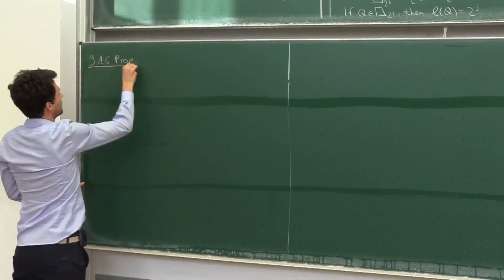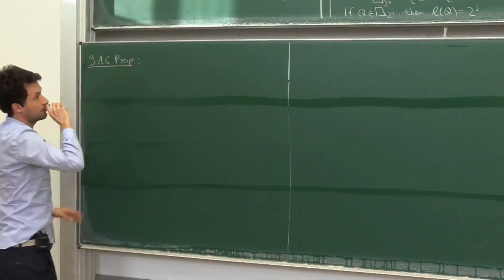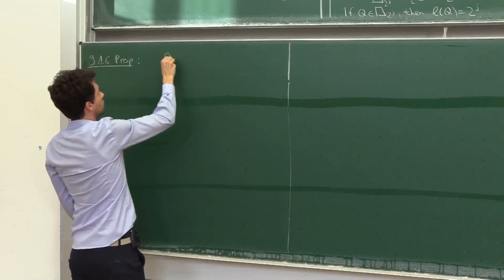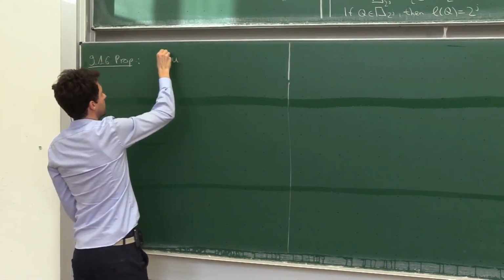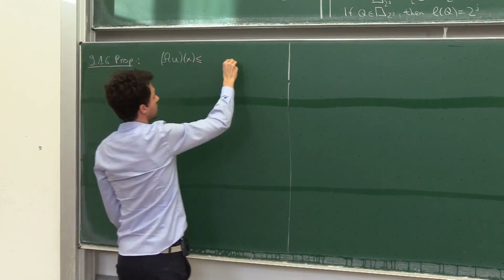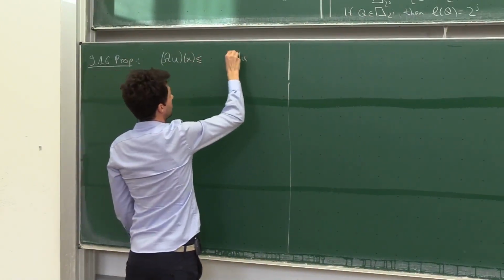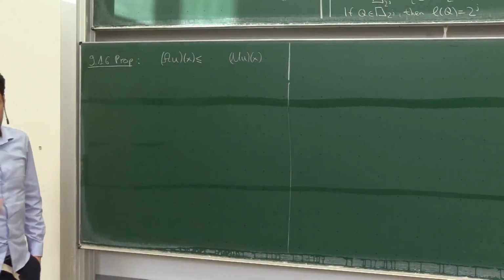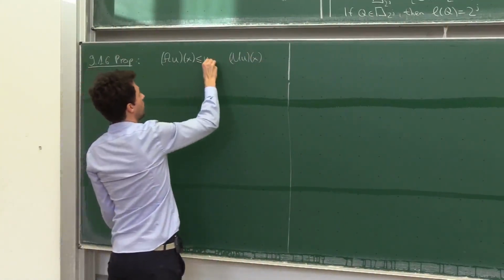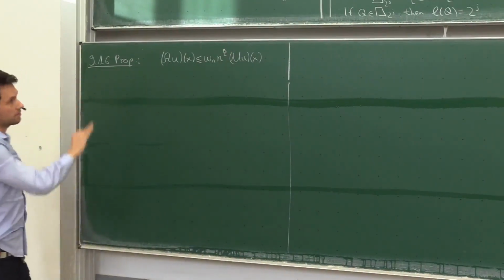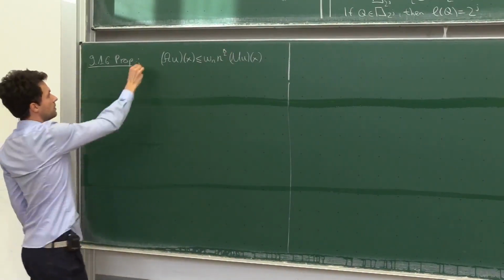This is a simple proposition saying two things. First of all, you control the dyadic maximal function up to a constant by the Hardy-Littlewood maximal function, and some constant that makes it work is maybe omega_n times n to the n over 2, but it doesn't really matter, just a dimensional constant.